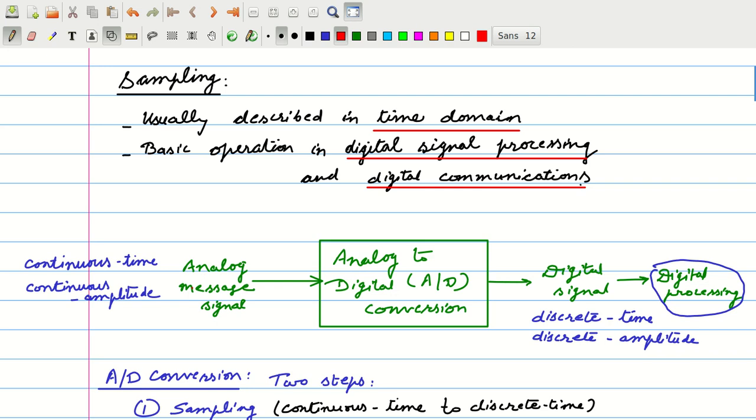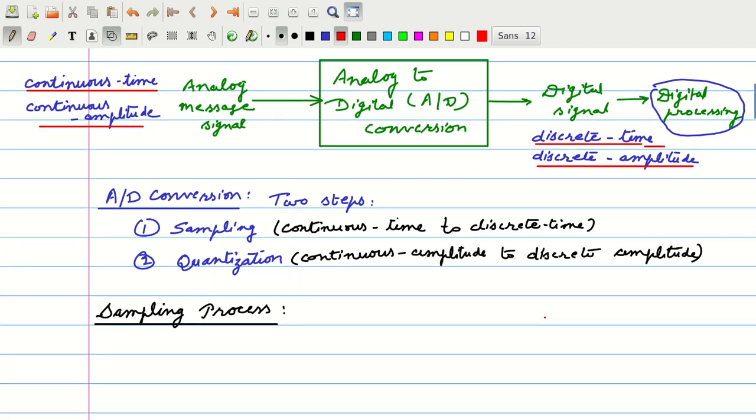An analog message signal is one which is continuous in time as well as continuous in amplitude. It must be converted to a signal which is discrete in time as well as discrete in amplitude, and such a signal is called a digital signal. So this analog to digital conversion essentially involves two steps.